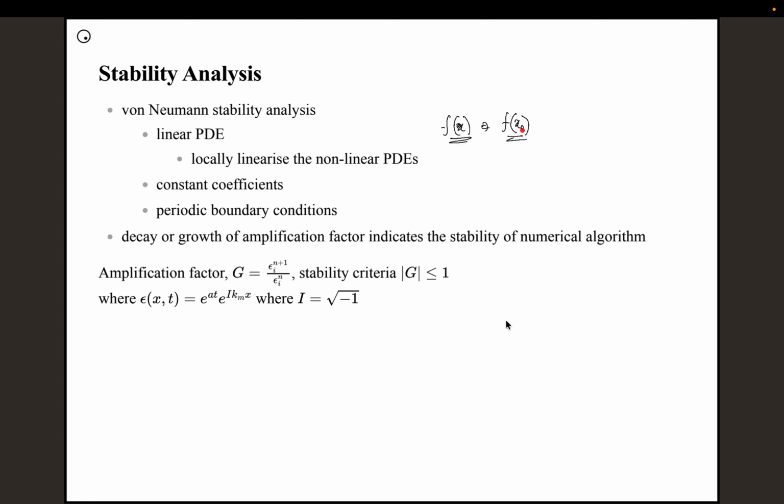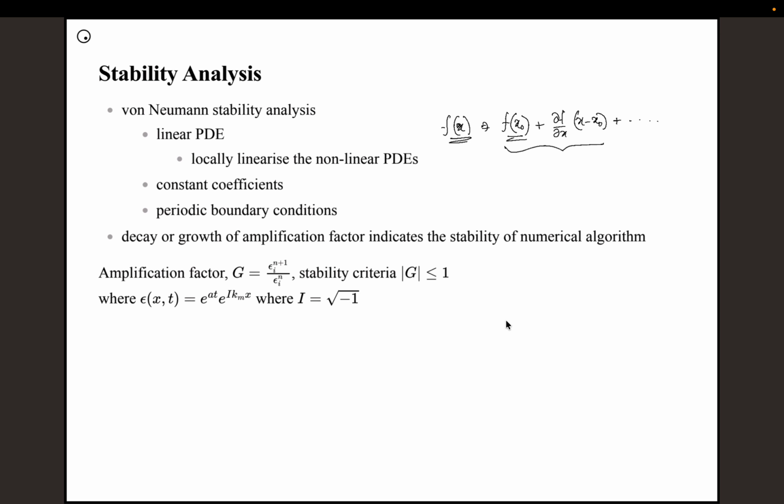This will be a constant. x naught is the point we are linearizing that particular function around, plus you have just the Taylor series expansion, plus the other higher order terms, which we will ignore. So this will be the linearized form of that particular function. In the governing equation, we will only use the linearized form and then apply this particular analysis.